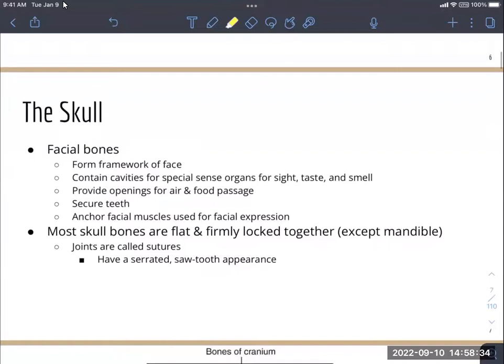So let's start with our face. How your face looks is determined by the bones in your face. And I've also said it houses your special sense organs, like your sight, taste, smell. It has openings for air, food, even openings in your ear. Your teeth are secured in your facial bones.